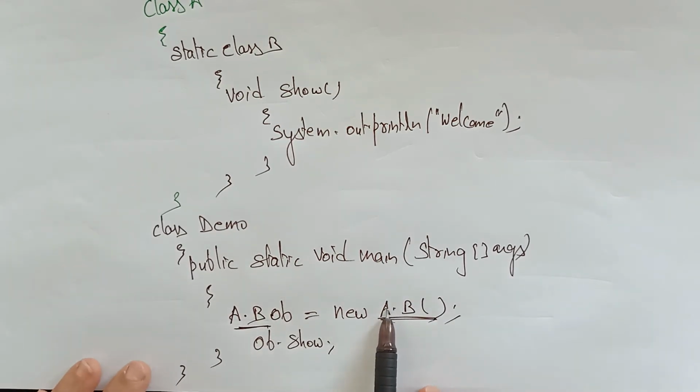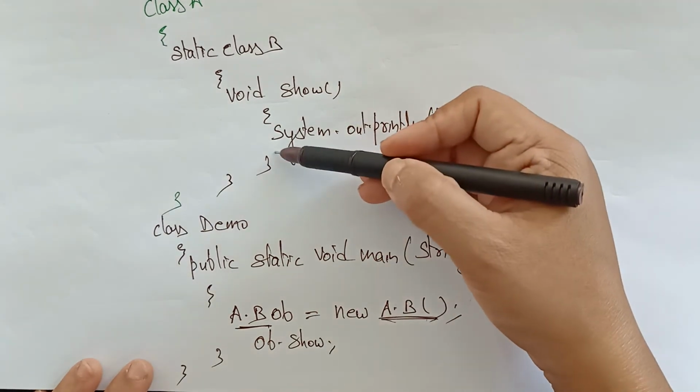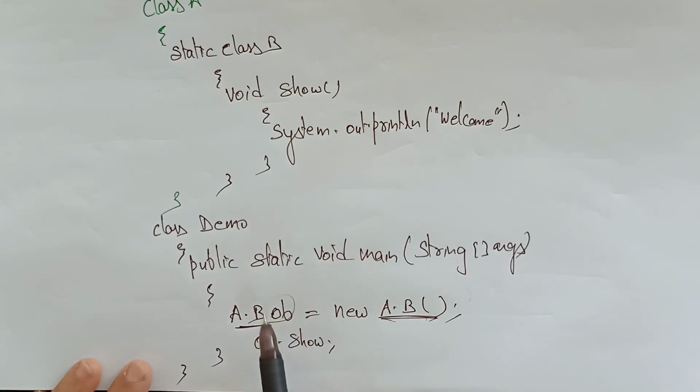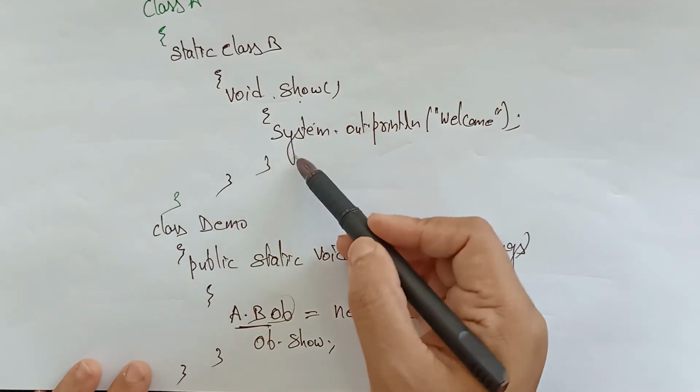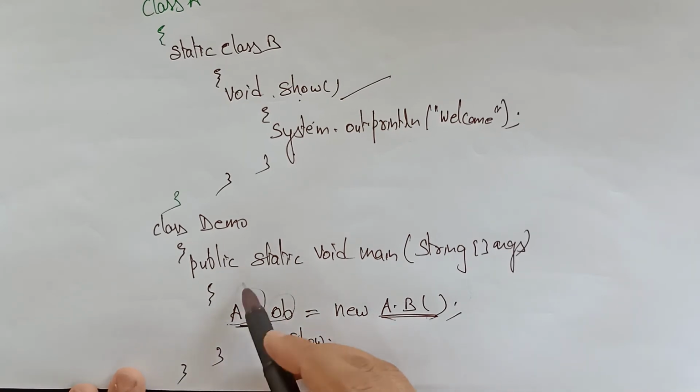So class A and the class B, an object is created. Both objects are created. So those objects will be with a reference OB. So directly calling with the OB reference, the show method is calling. So you can access directly by using the class name.